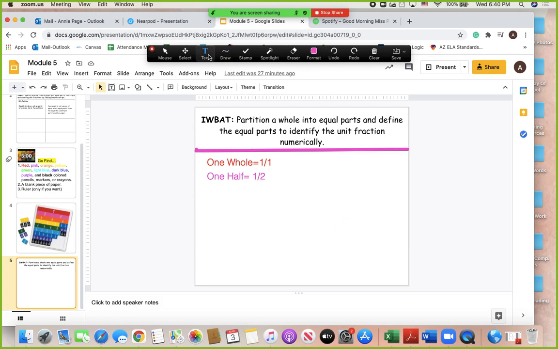All right, after 1 half, we have yellow, which is 1/3, 1 over 3.